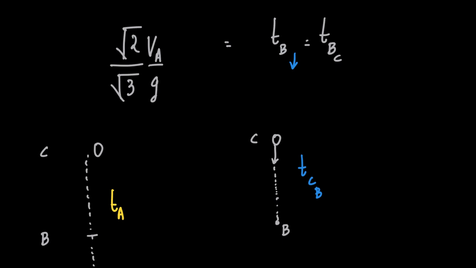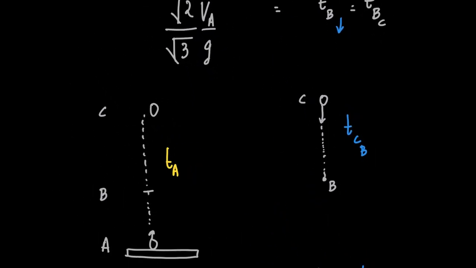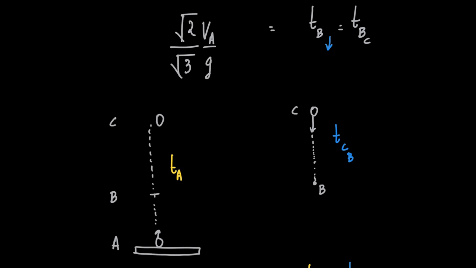Let us visualize this. Time to reach B while coming downwards is equal to time to reach B from C. But what is TA, time of ascent?